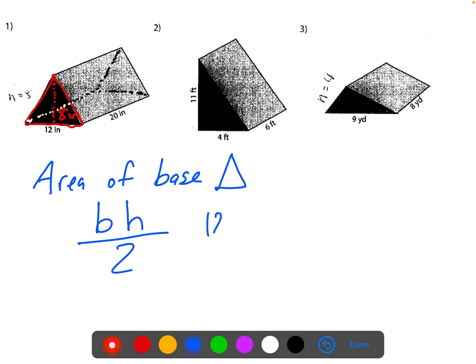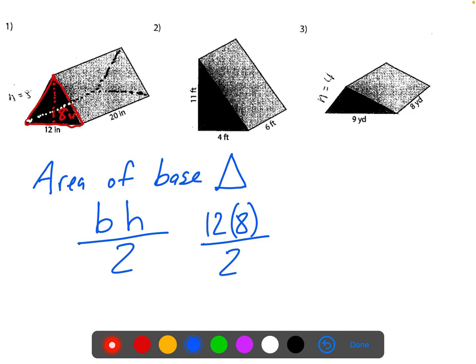We're going to take 12 times 8 and then take half of it. That's going to be our area. And that area is, I forgot to calculate it. Let's see here, 80, 96, so 48.